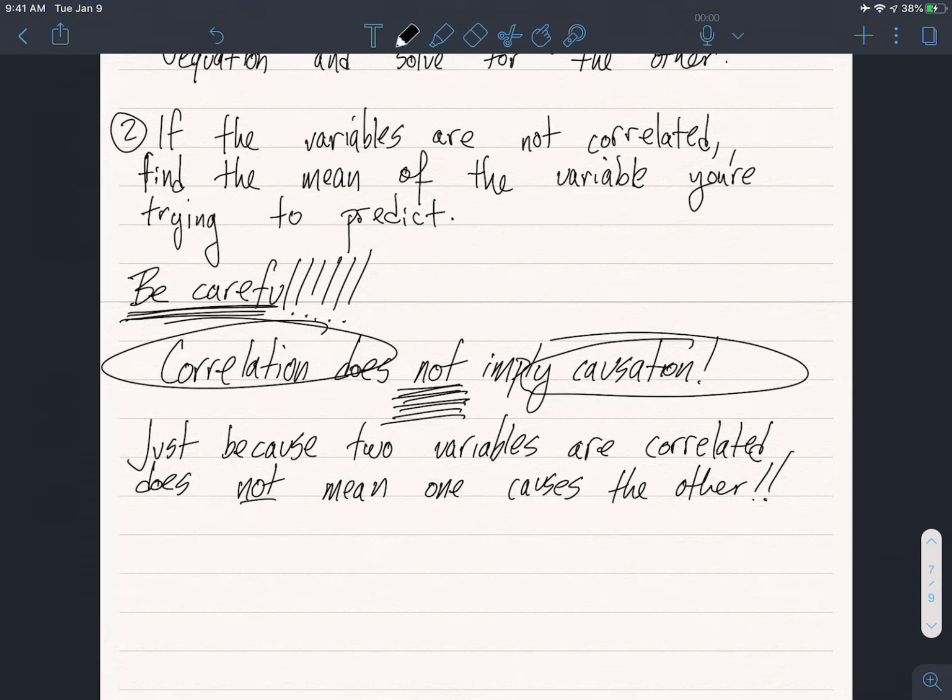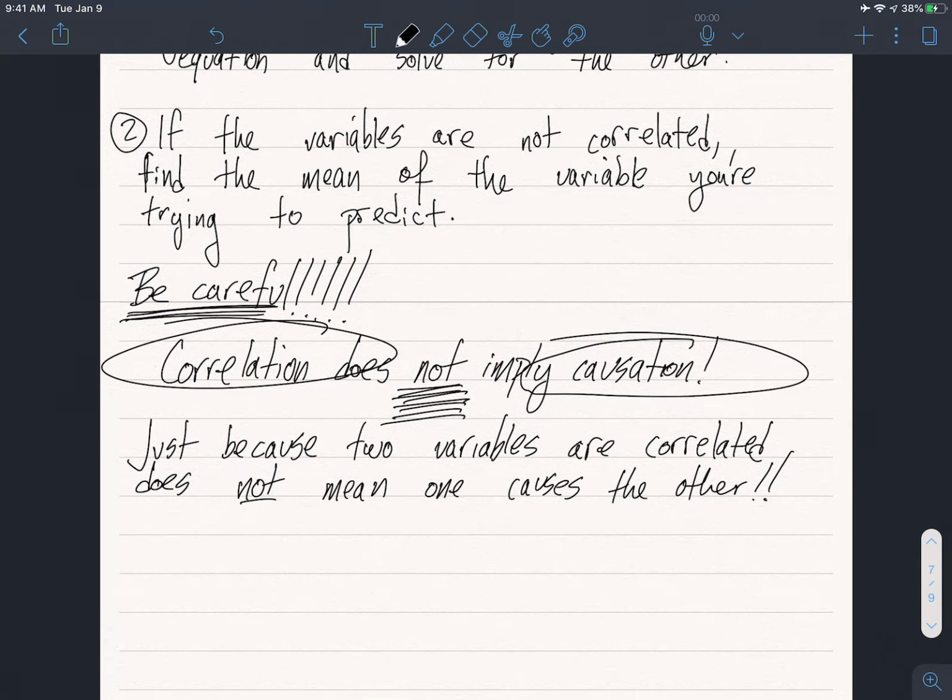I could be average height, or short. Just because two things have a relationship does not mean one causes the other. And I will make sure to test you on that. I'm pretty sure the project has a question like this. In real life, these questions happen. Oh, well, there seems to be a relationship. That means that if I increase someone's shoe size, they're going to get taller. No, that's not how it works.